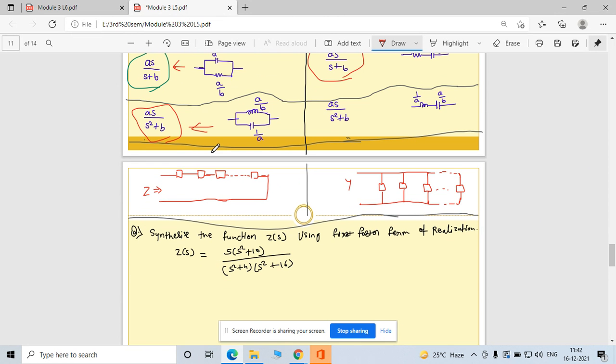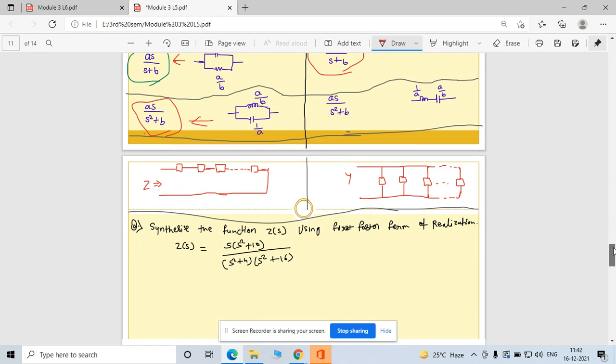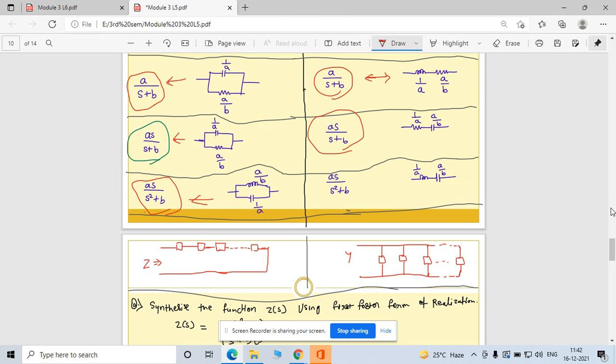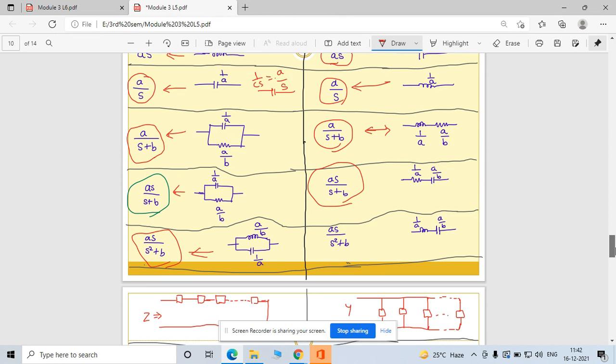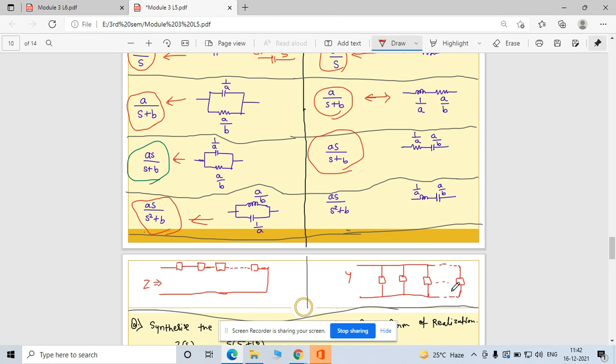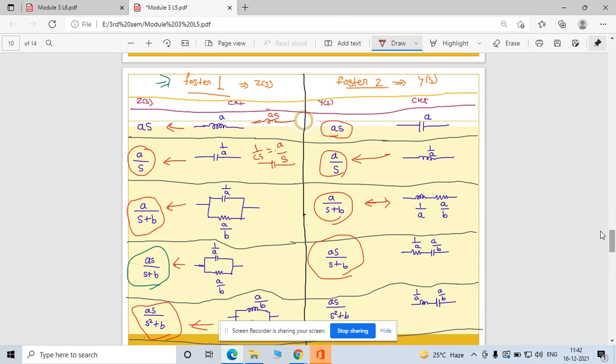Now when you compare, this is the equivalent circuit in this format. There are a number of elements, so this box is nothing but a combination of any one of these circuits. The same way, these number of elements are nothing but a combination of these circuits.